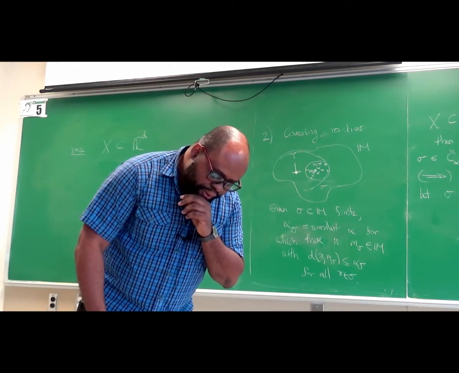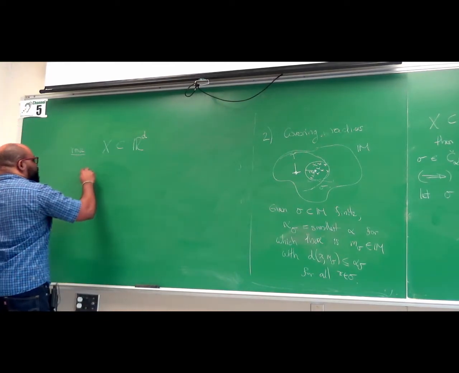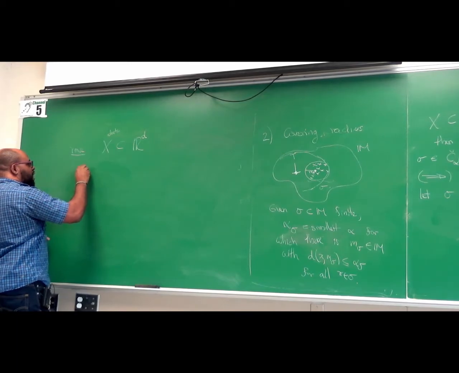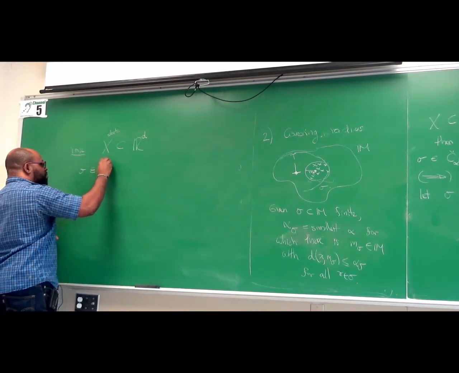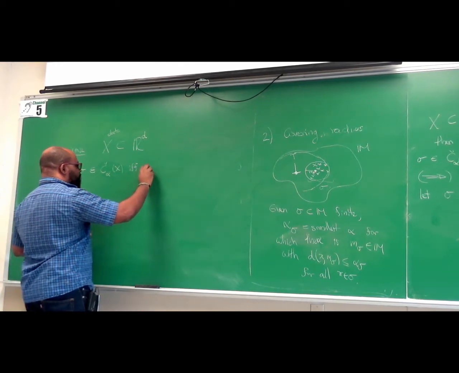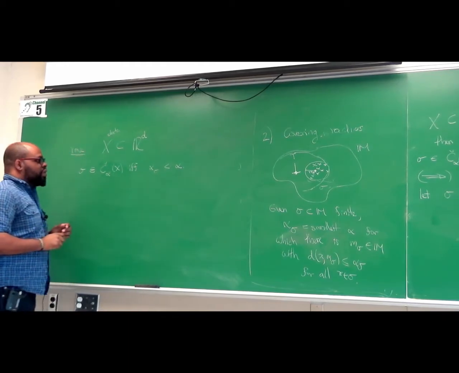So what we know is that sigma is in the Čech complex if and only if the covering radius is less than alpha.